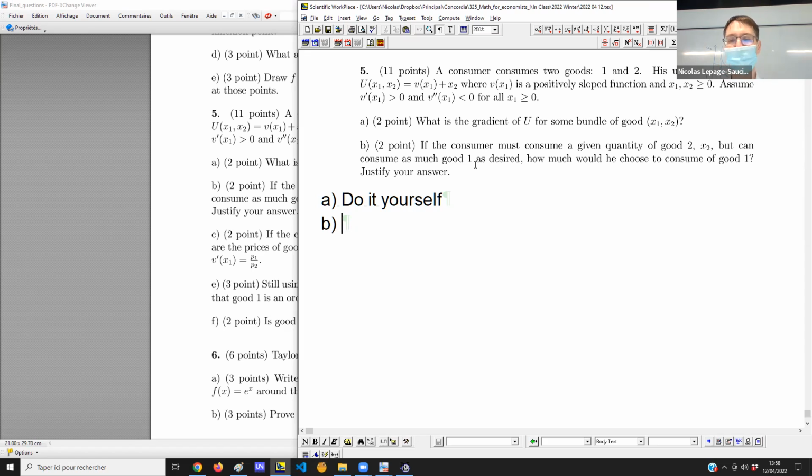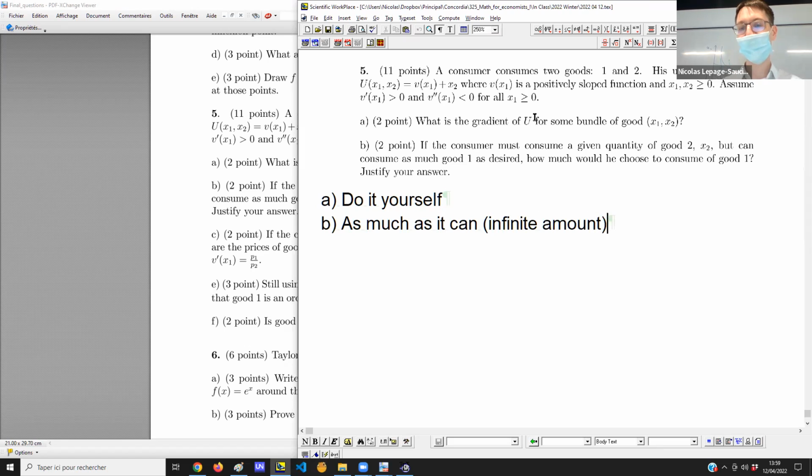I didn't say what the consumer likes, but you know more or less what consumers try to do: they try to maximize their utility. And here, I said that they have a given quantity of good 2, but they can consume as much good 1 as desired. So how much good 1 would the consumer choose? Yes, as much as they can, an infinite amount.